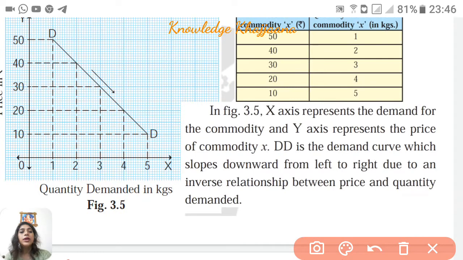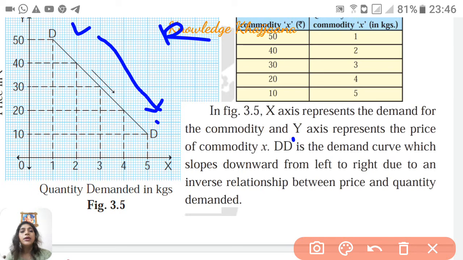Now see, this we can call D dash. Okay, D dash is the demand curve which slopes downward. See, this slope is downward sloping. This curve is downward sloping from left to right due to an inverse relationship between price and quantity demanded. See, this is left and this is right.